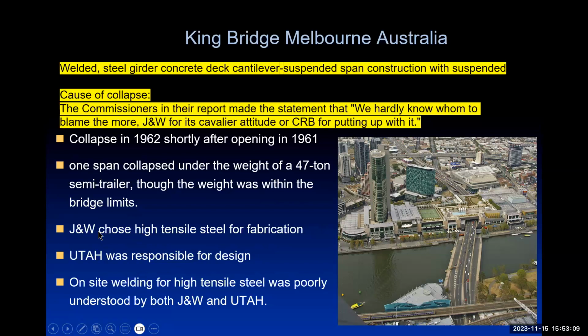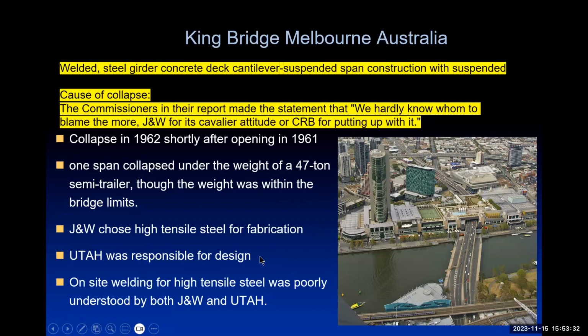There was an Australian company and a US company which were both working on what was going on. J&W chose high tensile steel for the fabrication. Both companies were unfamiliar with welding of high tensile steel.